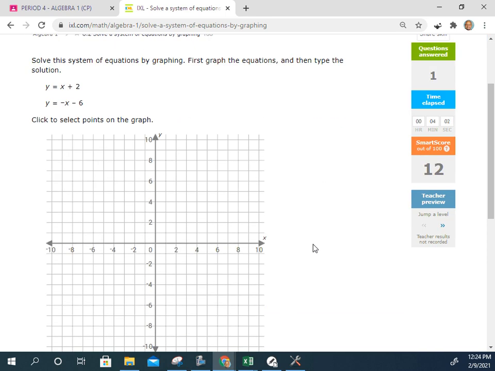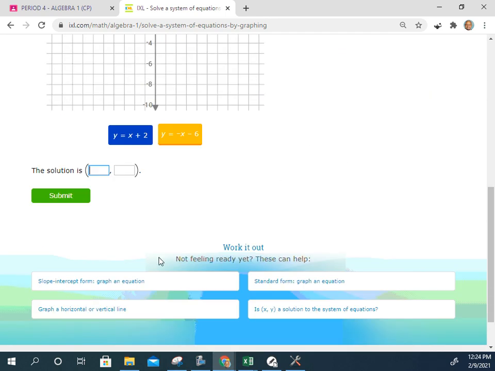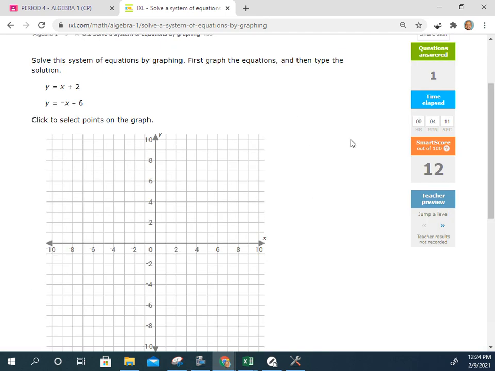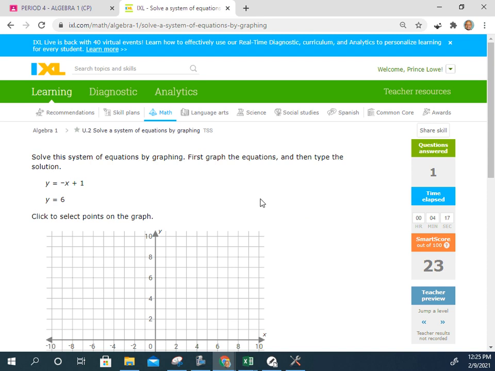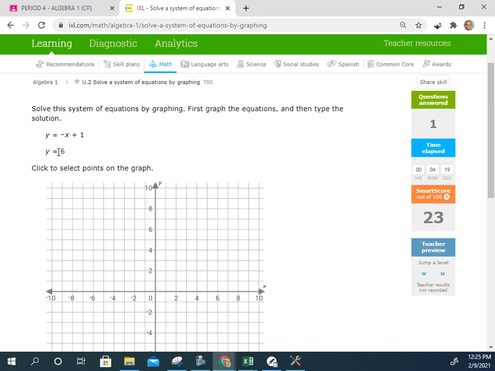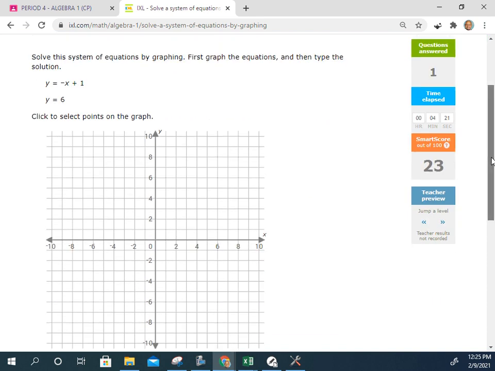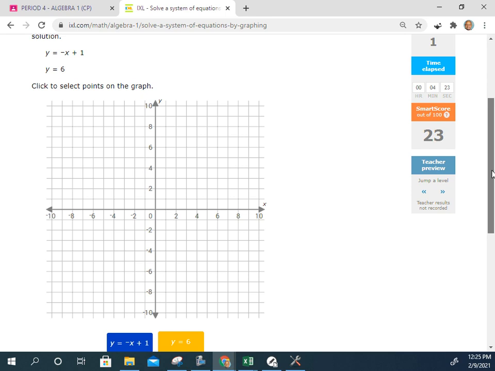You're going to have to graph them each separately, and then type in your answer at the bottom. Again, you're trying to get to an 80. Notice as you go farther, you have y equals 6. Remember, y equals 6 is a horizontal line.